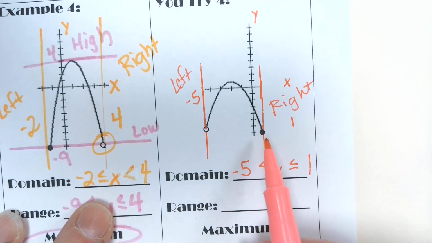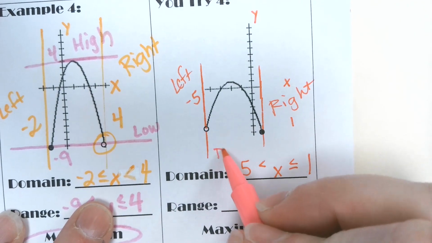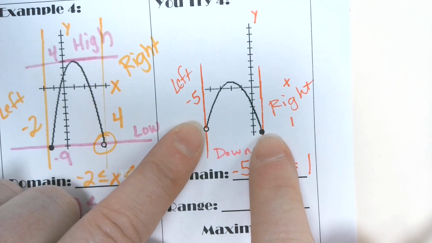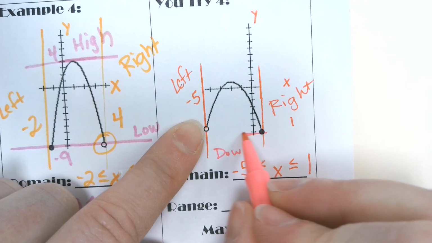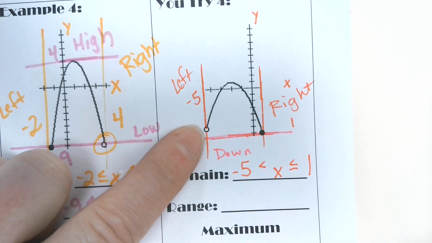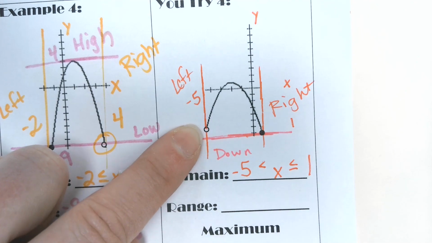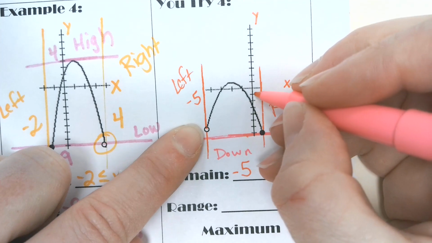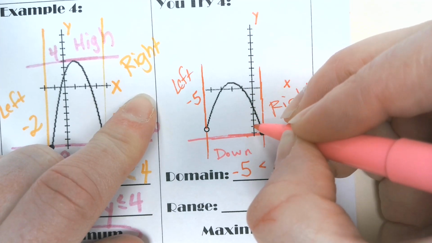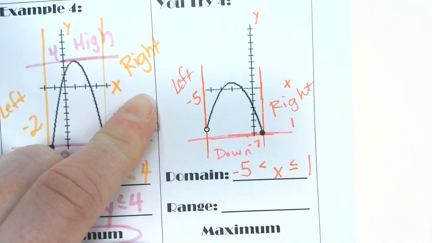And then range is how far down. These are uneven. You go to the lowest point. So this would be our lowest point. This one's not our lowest. We're not going to do a diagonal line. We're going to do straight across just like we always do. Let's find out how far that goes. -1, 2, 3, 4, 5, 6, 7. -7.